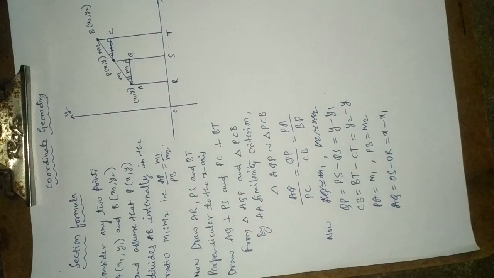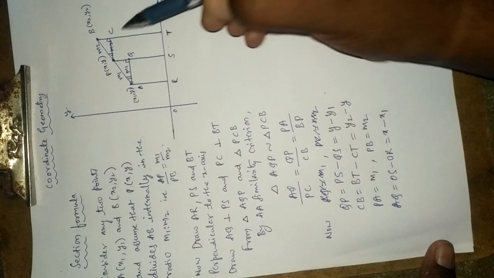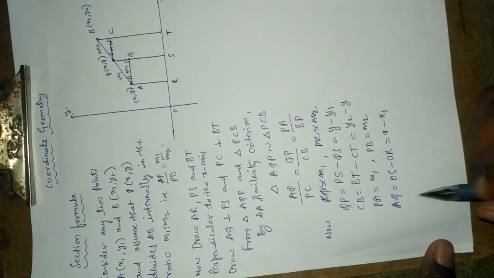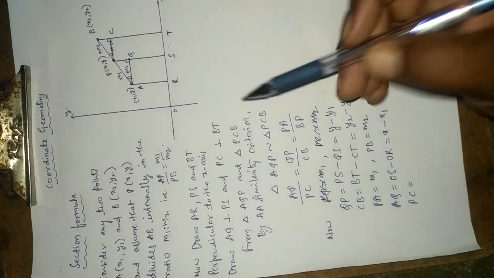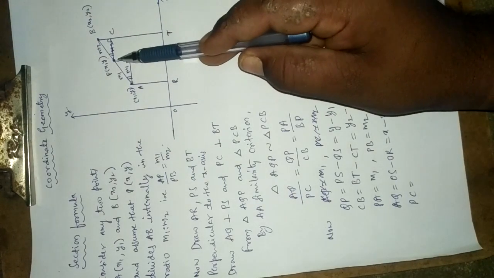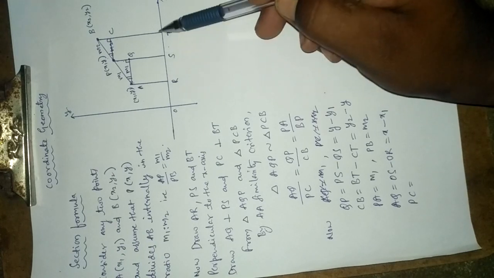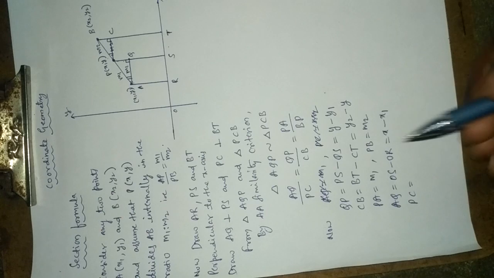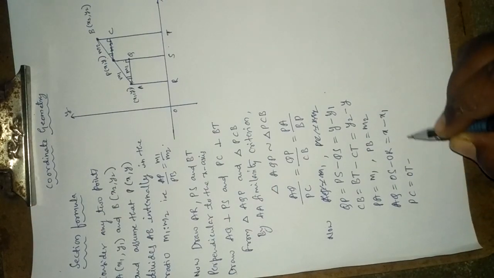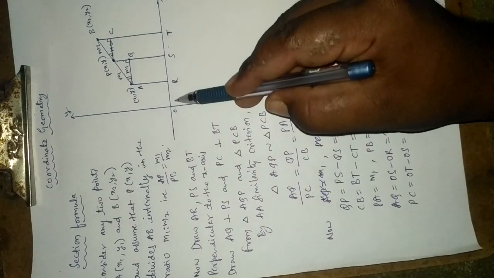Next, PC. PC we have to find out. How to find PC? In this P to C we have to find out. In that OT we have to subtract OS. OT minus OS. What is OT?